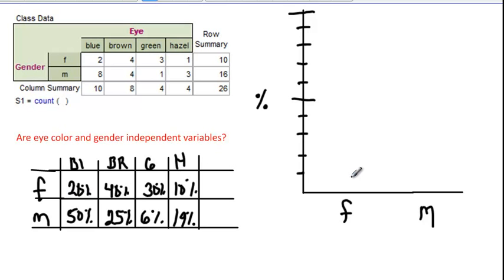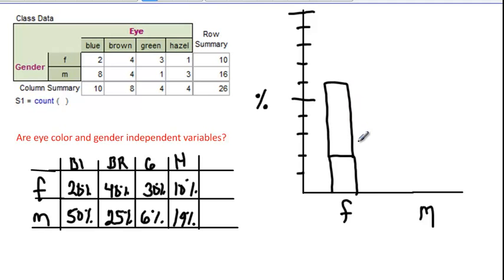First we'll look at females, and I see that 20% of my females have blue eyes. So my first portion of my bar will go up to 20%. 40% have brown. So I'm at 20, I'm going to add 40% more. So 40% plus 20% will bring me up to 60%.